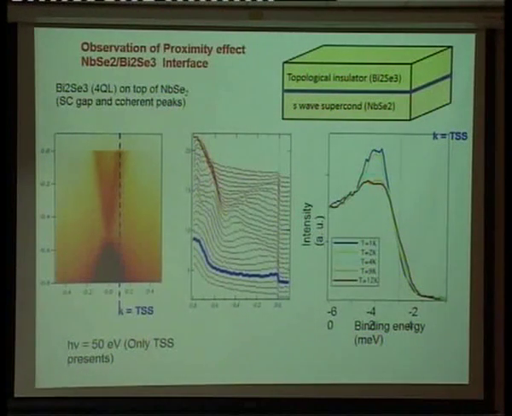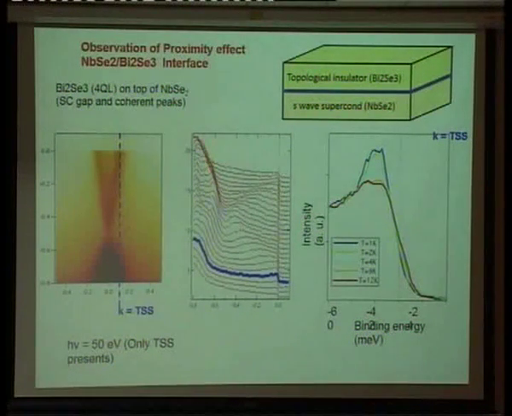This is the advantage of momentum resolution in our technique. We can pick this particular k value and do a temperature dependence. We see a gap, and then the gap disappears. The coherence peak disappears, and that goes with TC.